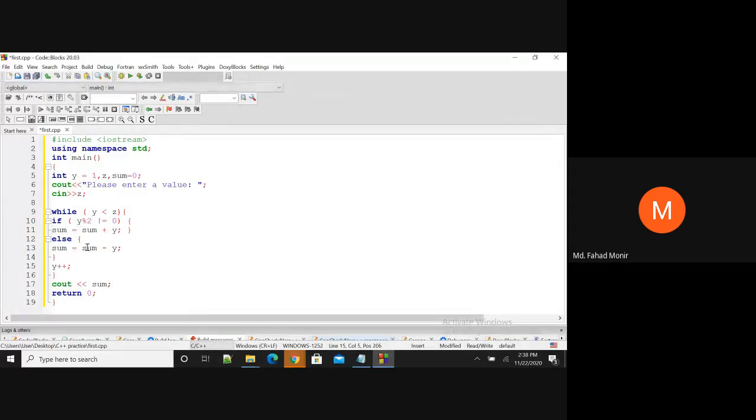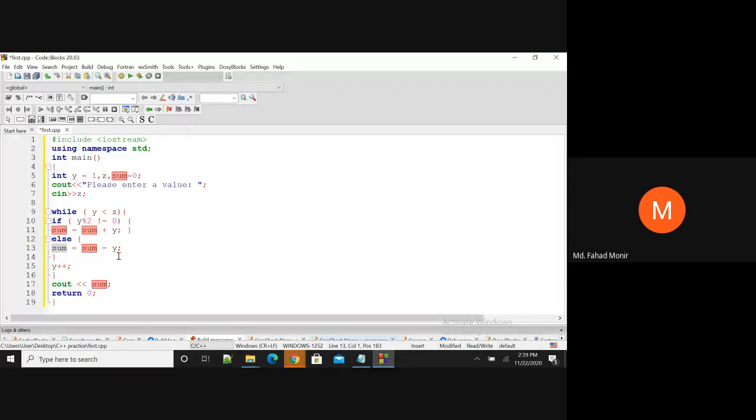Else, what are we doing? The else comes when y modulus 2 is equal to 0, so all the even numbers get minus. So sum equal to sum minus y. Okay, so in one place all the odd numbers are added, and in the other, all the even numbers are subtracted, right?